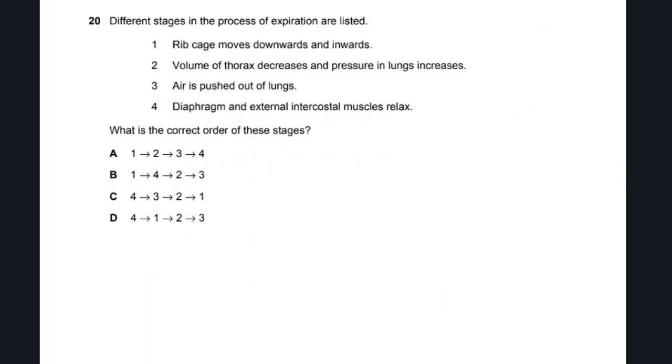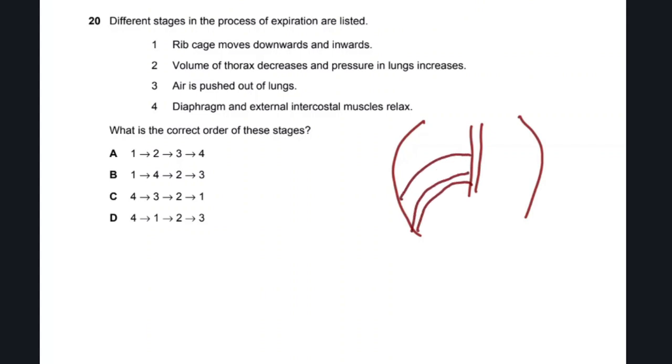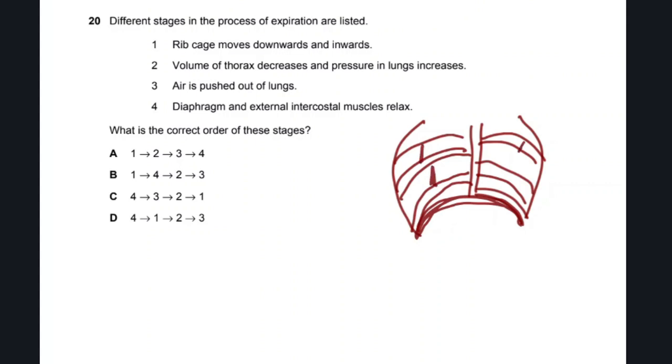Different stages in the process of expiration are listed. If we look at the process of expiration in our ribs, we have the intercostal muscles between the ribs, and also the diaphragm like this. The external intercostal muscles and internal intercostal muscles work opposite to each other.